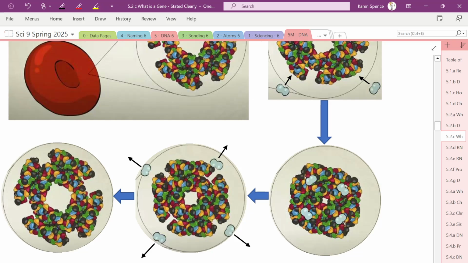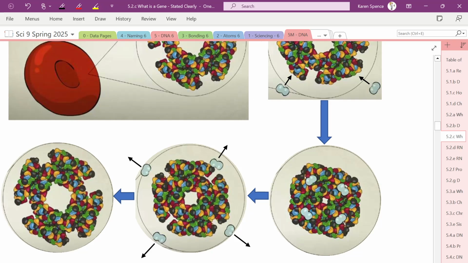It goes there. And when you get close to the cells, this is actually really interesting, the environment of the blood is a little bit more acidic. Okay? And that little bit of acid causes the shape of the protein to change and to open up. Now, why is it acidic?